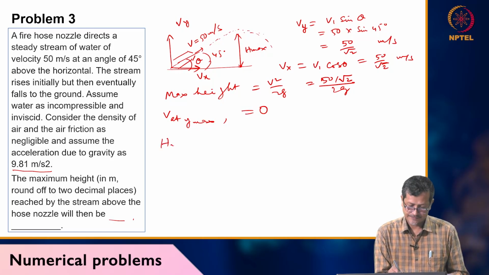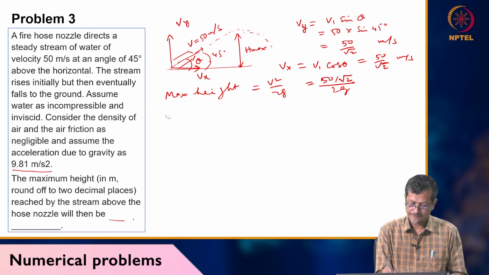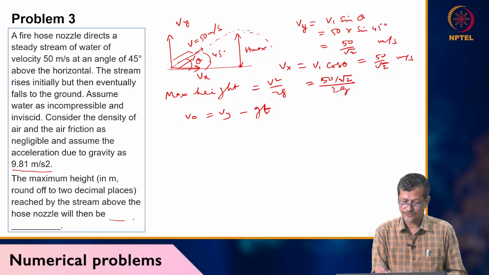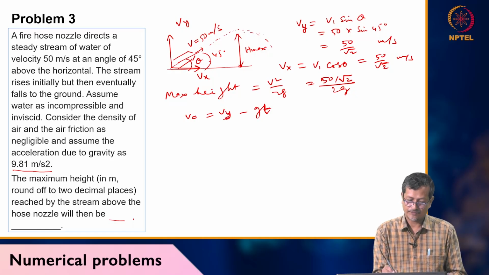Now h max, we will derive it like this. The formula is v equals vy minus gt, where g is acceleration due to gravity and v is the velocity at h max.